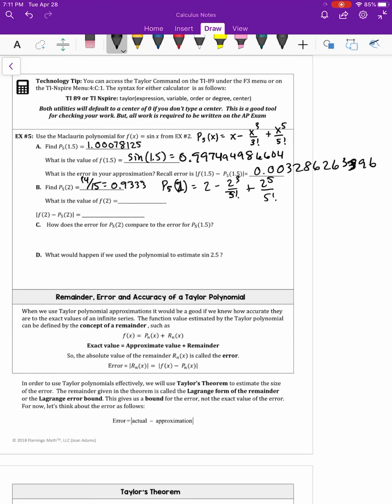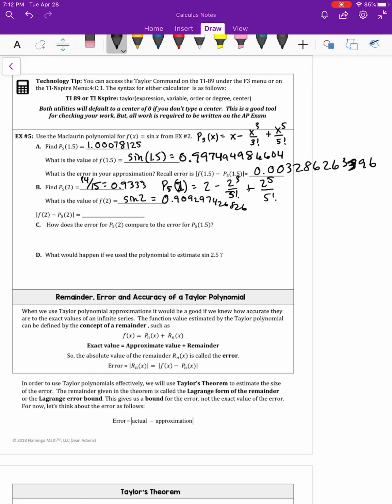What is the value of f of 2? So for f of 2, you are using your sine function. So sine of 2, you get 0.909297426826.